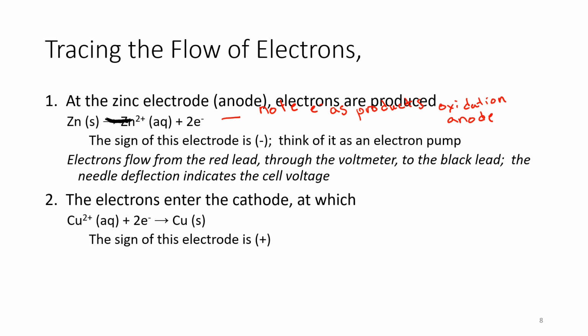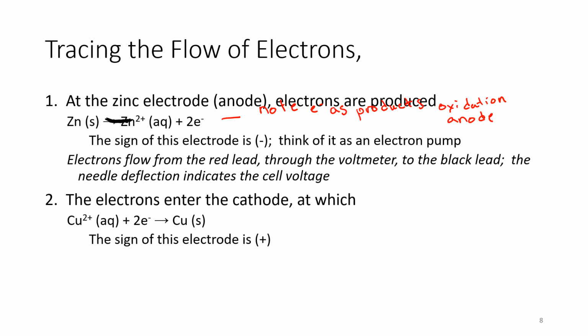All right, now, number 2 says that the electrons enter the cathode, right? We saw that they flowed from the anode to the cathode, and they're going to enter that cathode where they're going to then reduce our copper 2 to become solid copper, right?